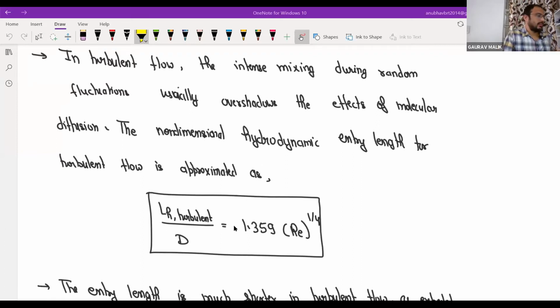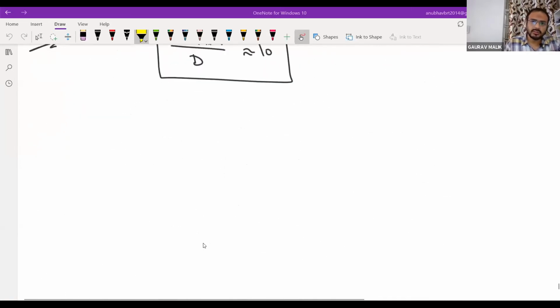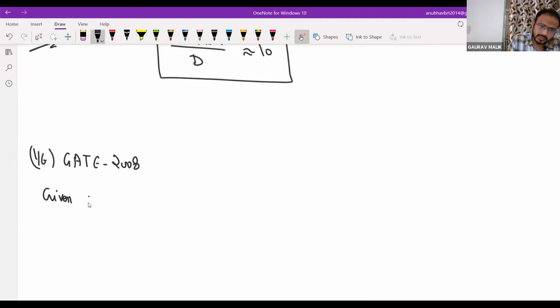Question number 46. Write down question number 46. GATE 2008.